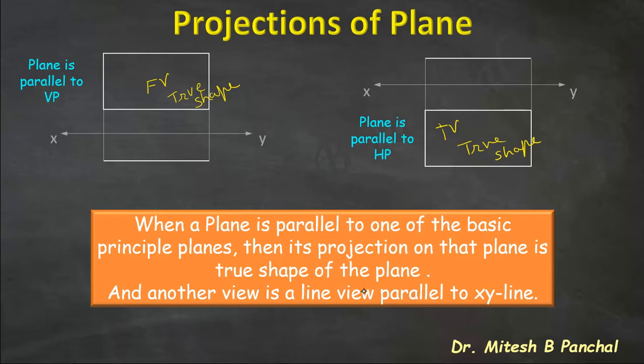If the plane is parallel to VP, then its projection on VP, that is front view, is a true shape of the plane. And the other view is a line view, and that is parallel to XY. So this is the general answer for the case when the plane is parallel to one of the basic principal planes.